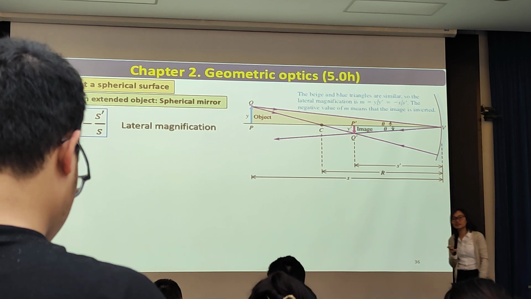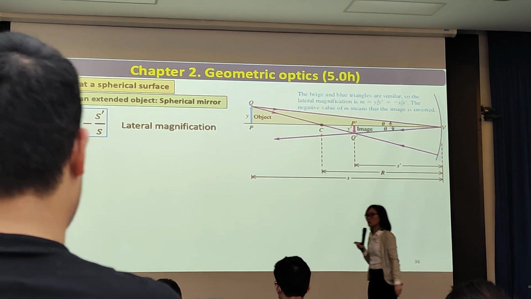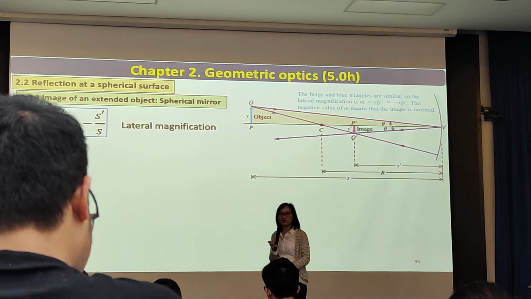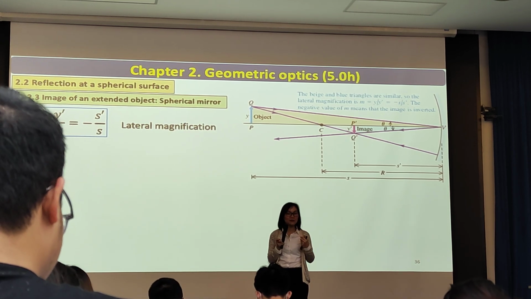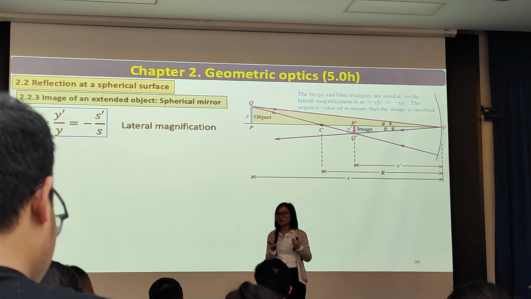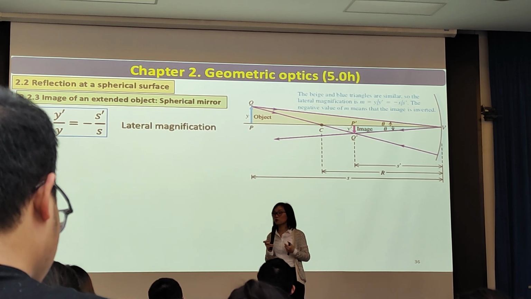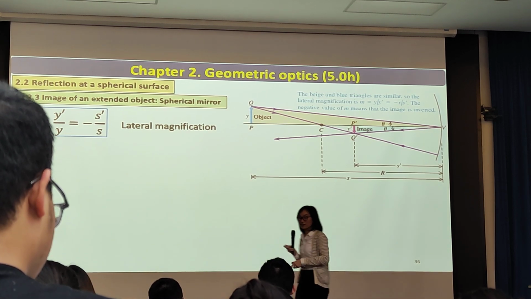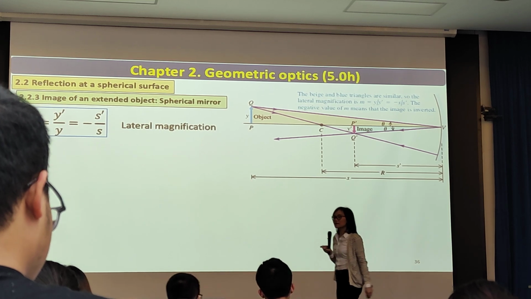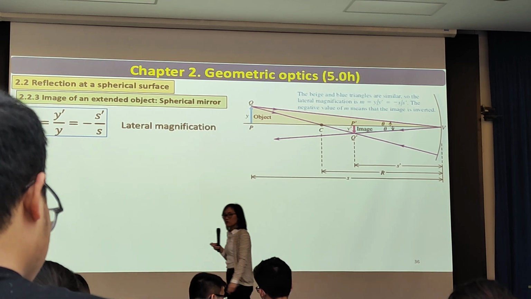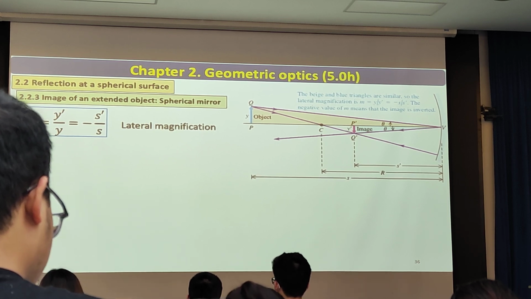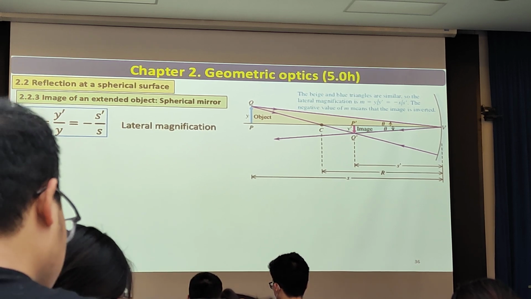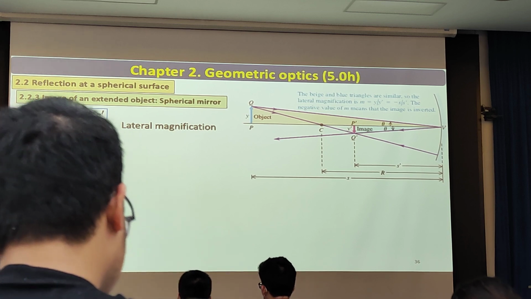And for the plane mirror, what is the value of M? For the plane mirror, what is the value of M? M equals 1 in that case, because it is equal to minus S prime over S, and last time you have S prime equal minus S. That's why you will have this.